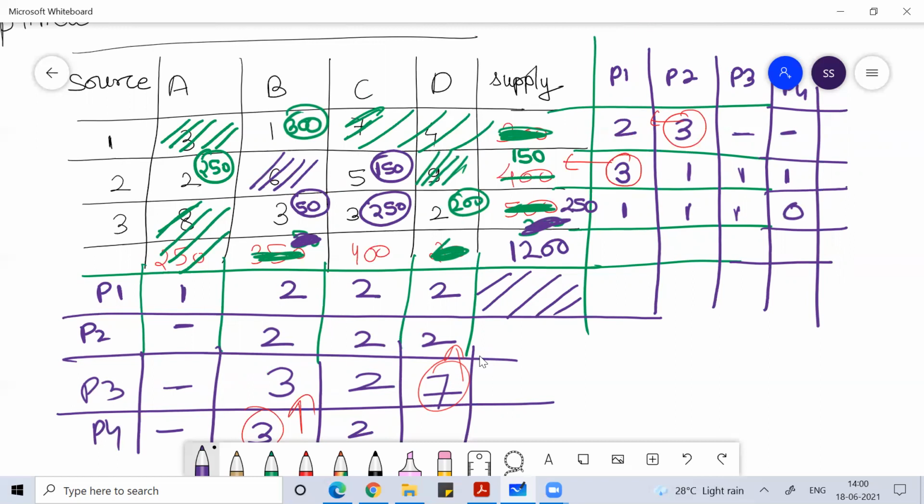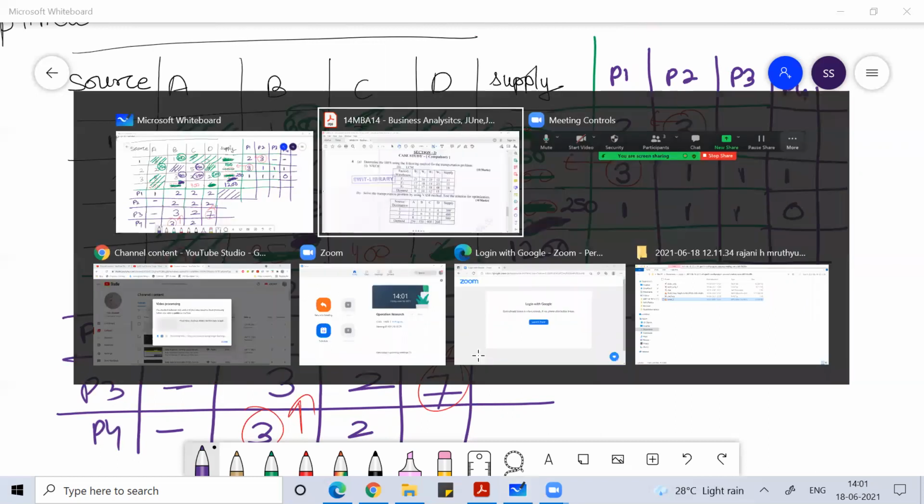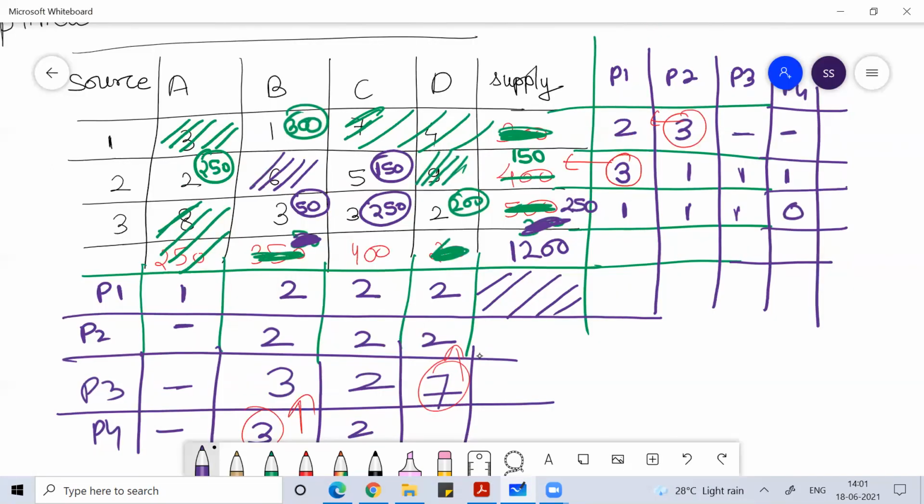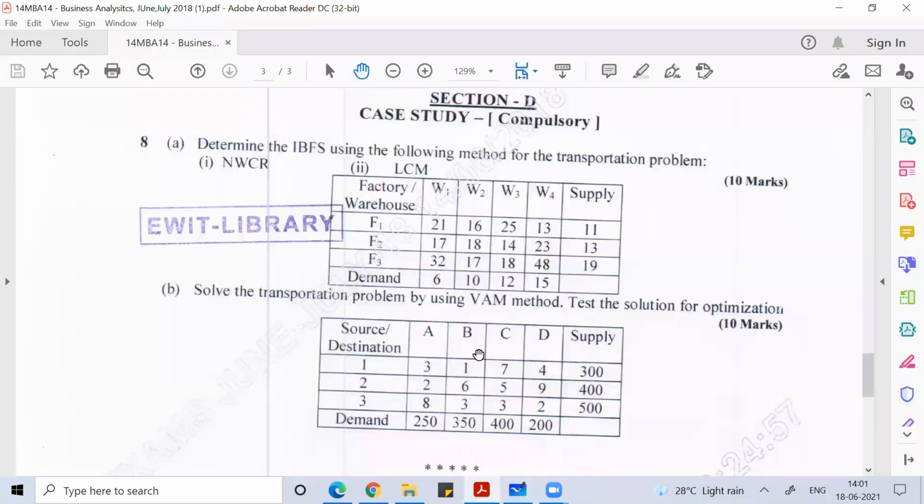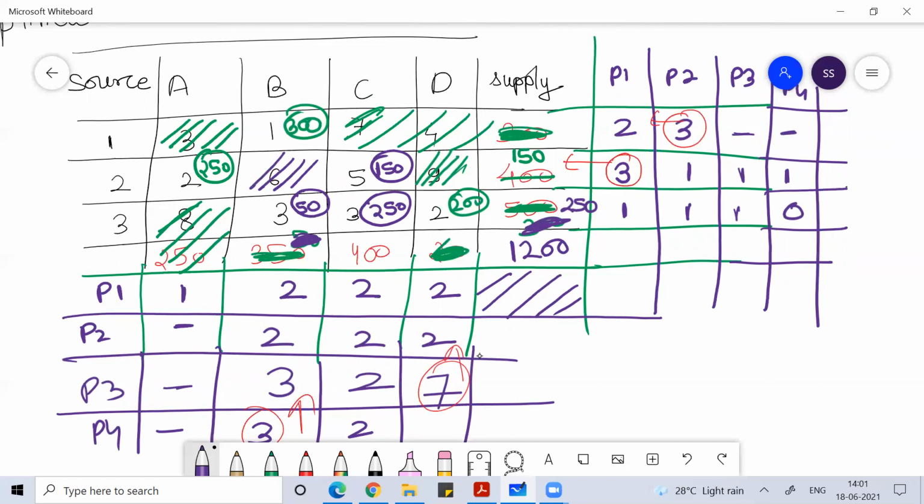So if you see row wise and column wise, you can check: first column 250, second column 350, third column 400, fourth column 200, first row 300, second row 400, third row 500.